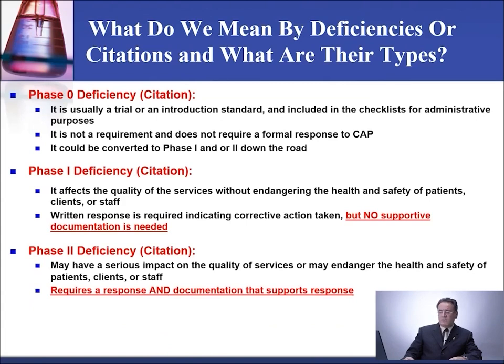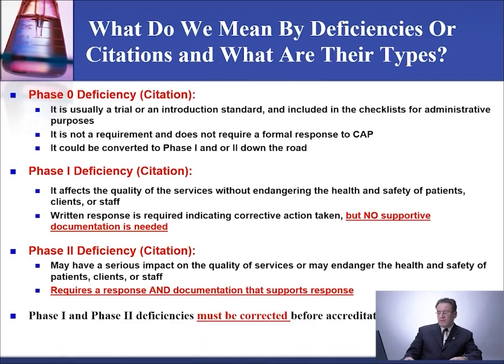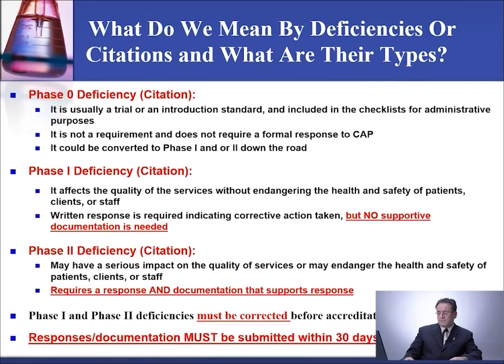If you get cited with a phase 2, you need to respond to CAB saying you fixed the citation, and you must provide supporting documentation that you did. Phase 1 and phase 2 deficiencies must be corrected before accreditation can be granted. Response documentation must be submitted within 30 days of inspection. This is how it usually is.